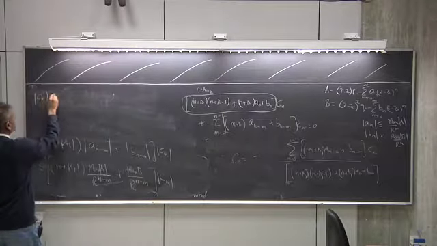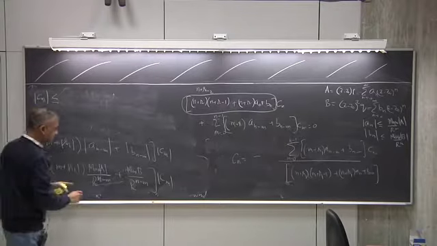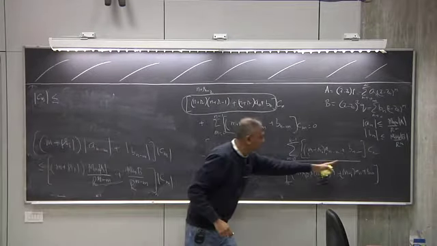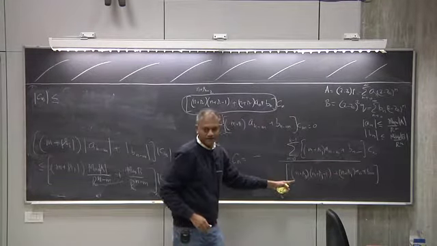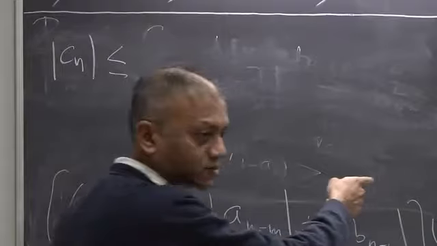The modulus of Cn is less than or equal to what we are saying. The denominator we already proved is greater than or equal to n square, right? So I can replace the denominator by n square.